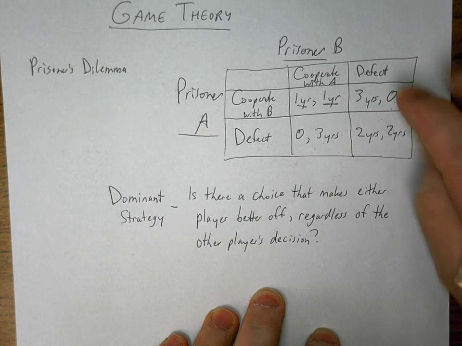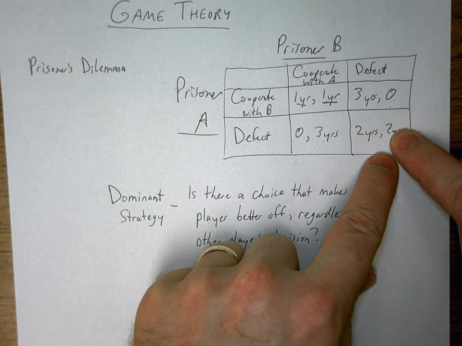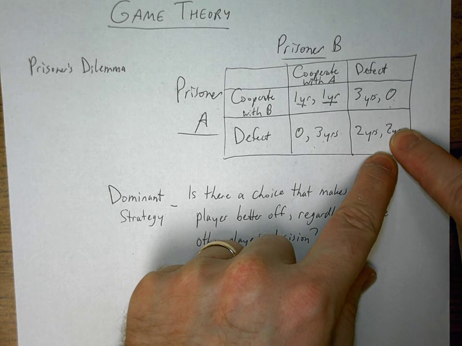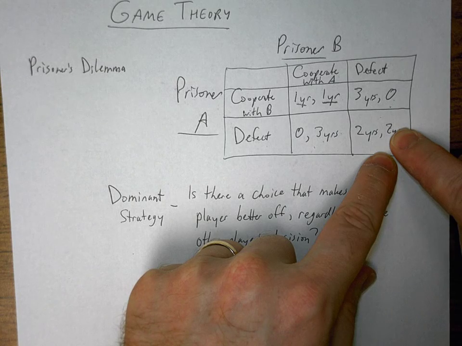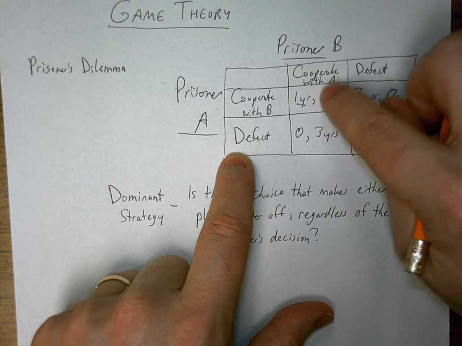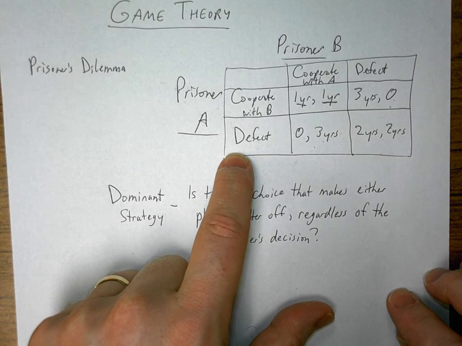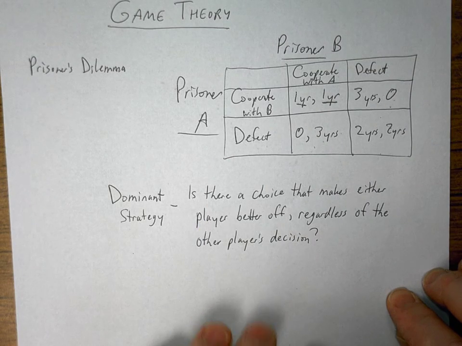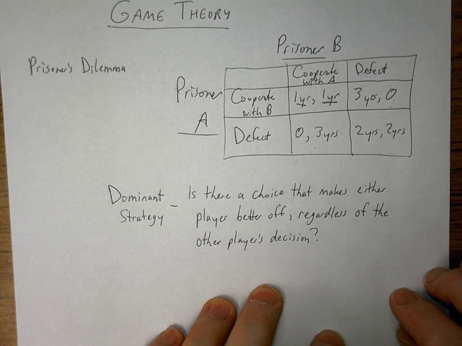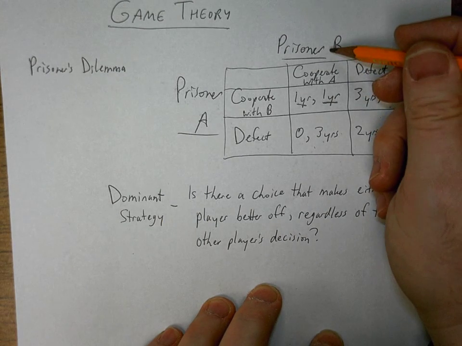And in this box, what happens if both prisoners actually defect and tell the police everything they know and tell on the other person. Okay, so each prisoner has a choice to make, and there are four different outcomes based on the choices they can make.